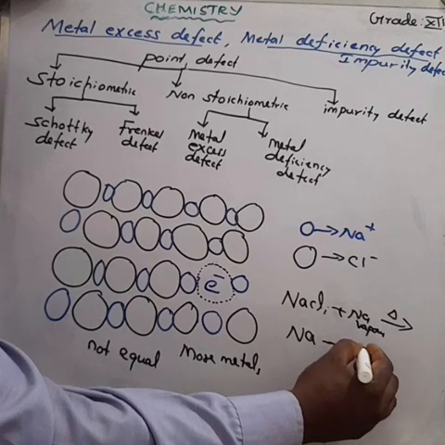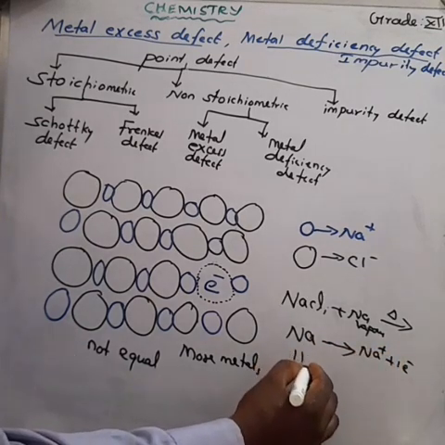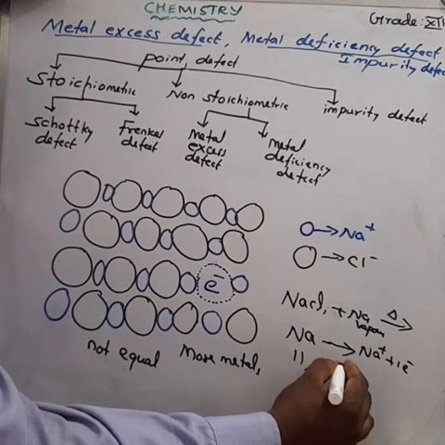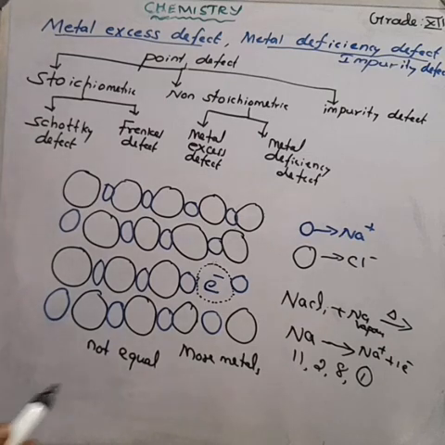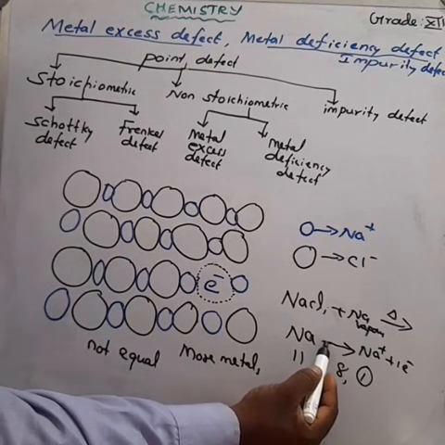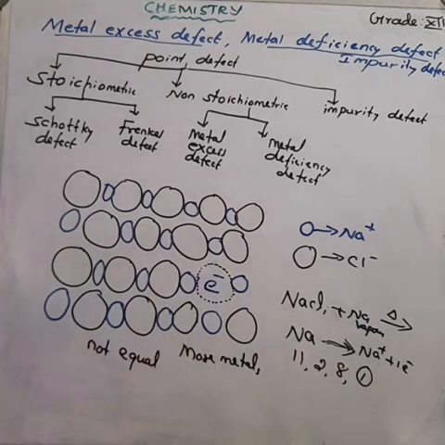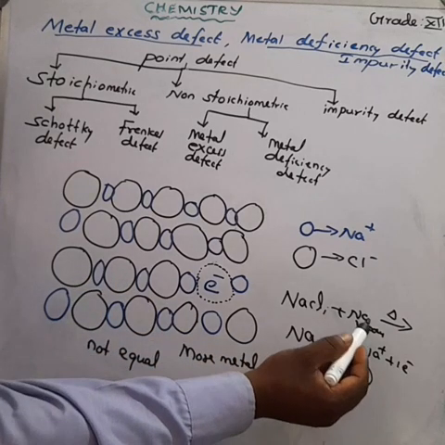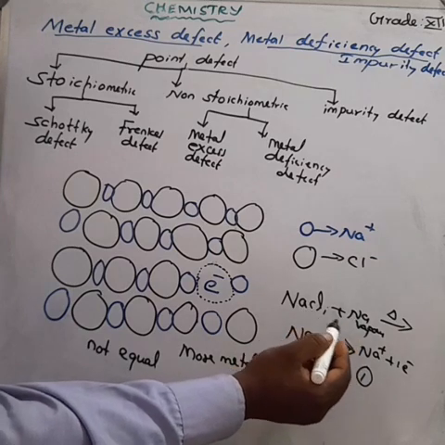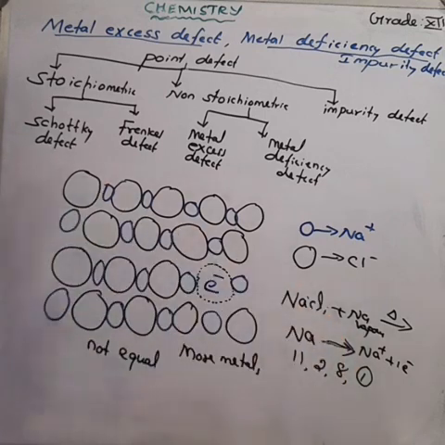My dear children, the atomic number of sodium is 11. The first shell can accommodate 2 electrons, the second shell 8 electrons, and the third shell the remaining 1 electron. So Na gives Na plus and 1 electron. When the sodium chloride crystal is heated in the presence of sodium vapor, sodium loses 1 electron and becomes Na plus ion.